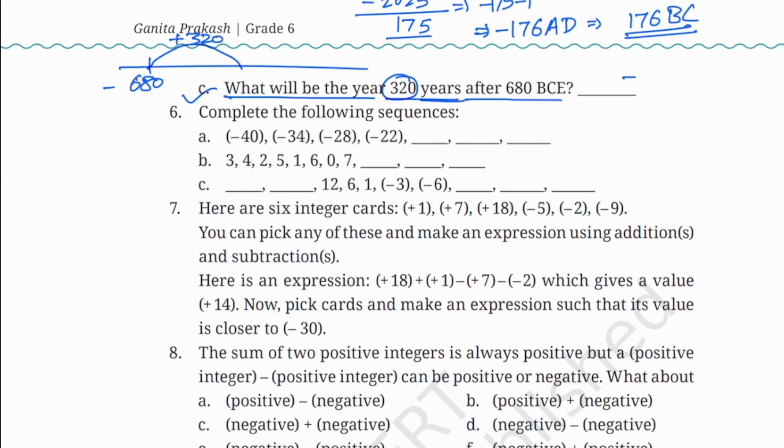The equation will be 680 plus 320, or 680 minus 320. The answer will be minus 360, BCE.